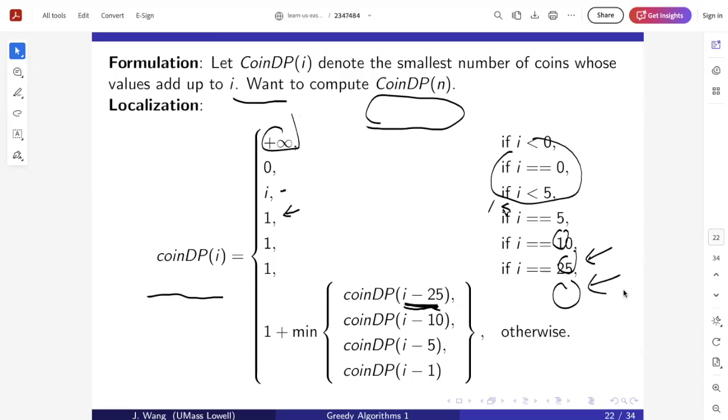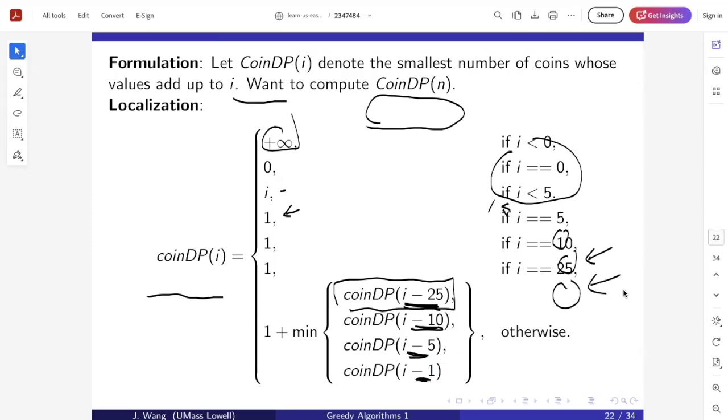If it's greater than or equal to 0, that means we can choose a quarter, and then we have this subproblem. If this becomes negative, then we choose dime. If we cannot choose dime, then we will choose nickel. Likewise, we choose this.